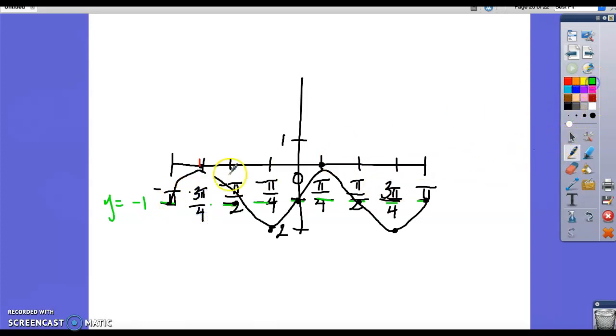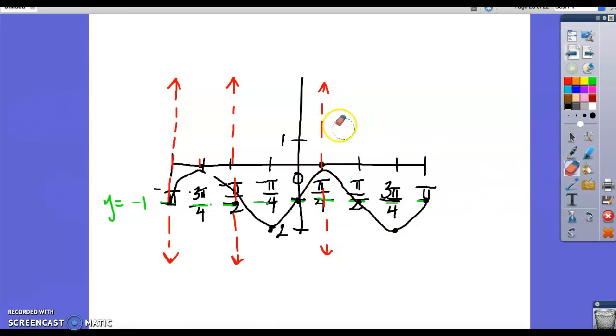By 0, really that's where sine is crossing the midline.